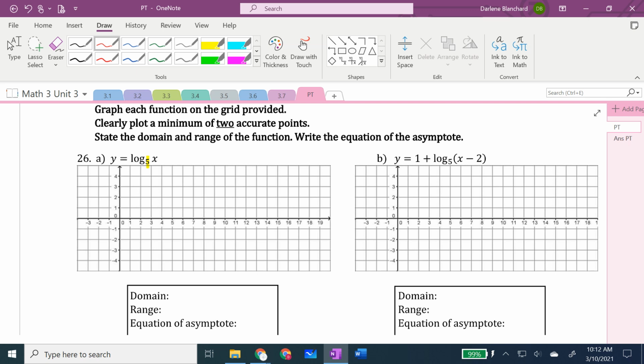It has an asymptote on the bottom end. So I'm looking for an asymptote on the right side of the y-axis heading down.